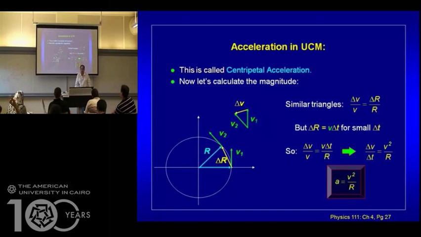The sides are equal. The only thing that I have to prove now is that this angle is equal to that angle. Then the two triangles are similar. And this is theta?